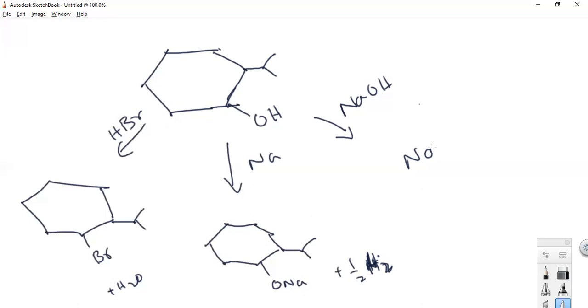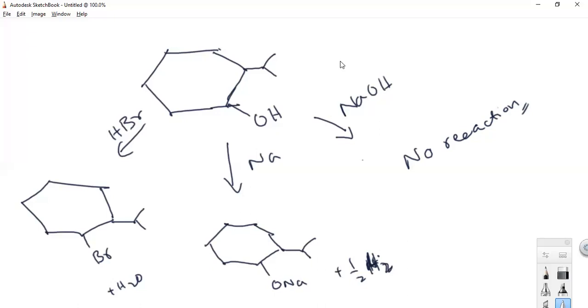But sodium hydroxide is itself an alkali, so it does not react with this non-acidic compound. This is not acidic, so no reaction happens. Okay, so they can confuse you in this way.